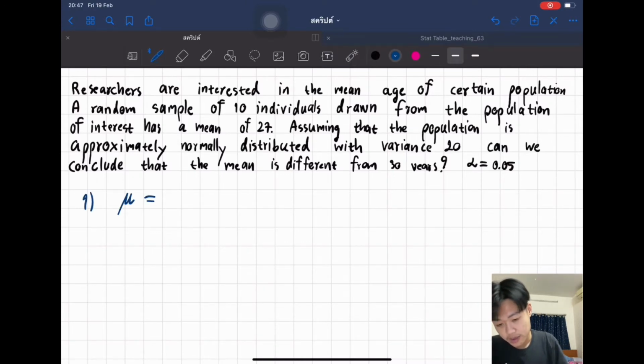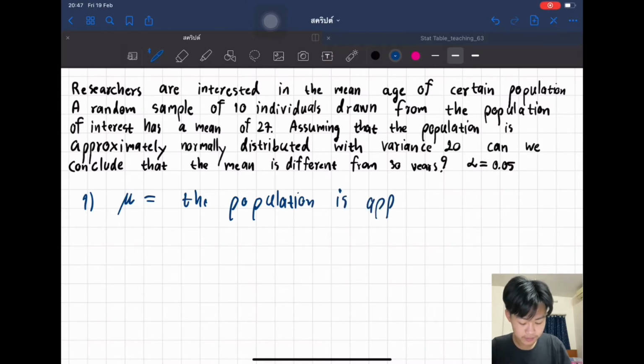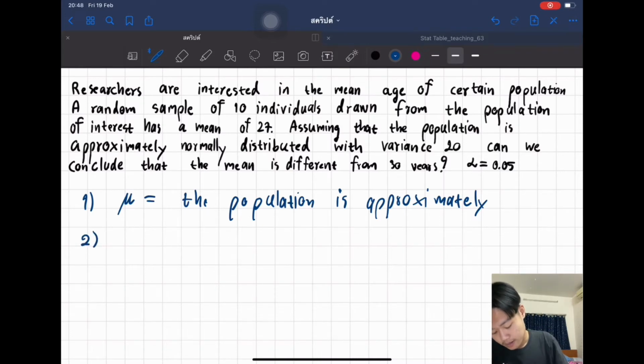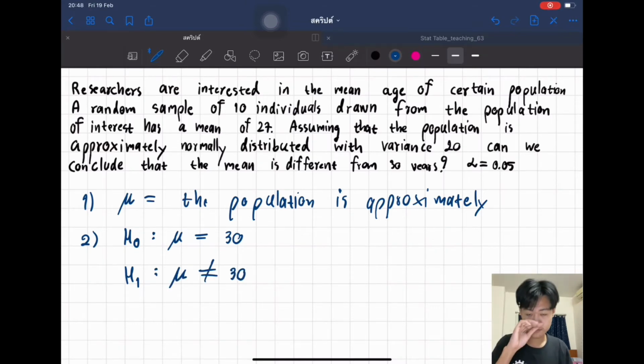Define mu equal the population mean. Okay, next step. H sub 0: mu equal 30 and H sub 1: mu not equal 30.